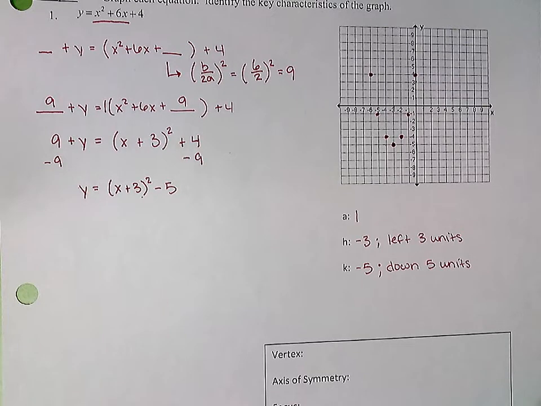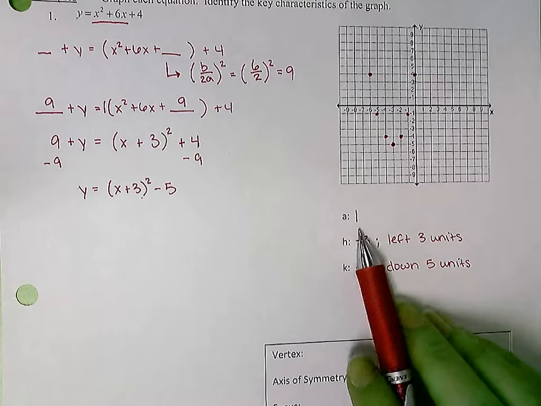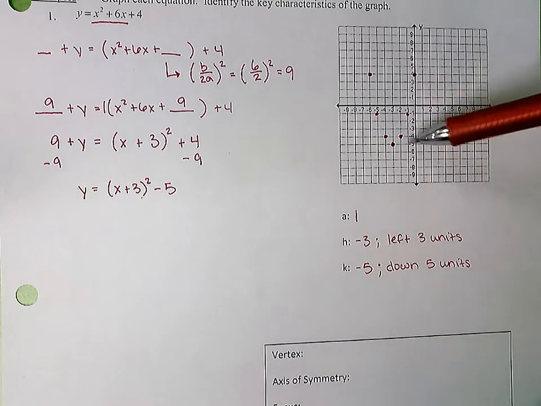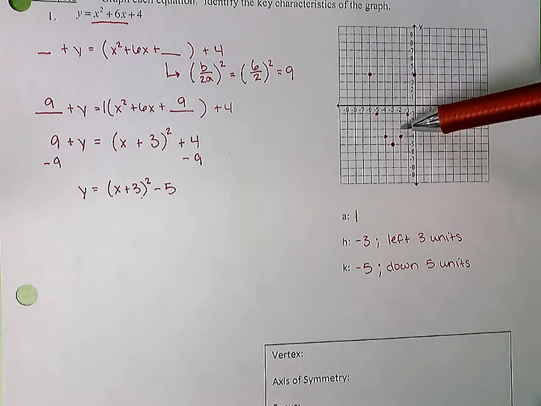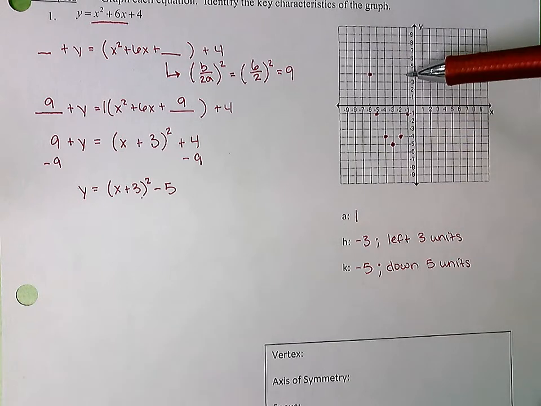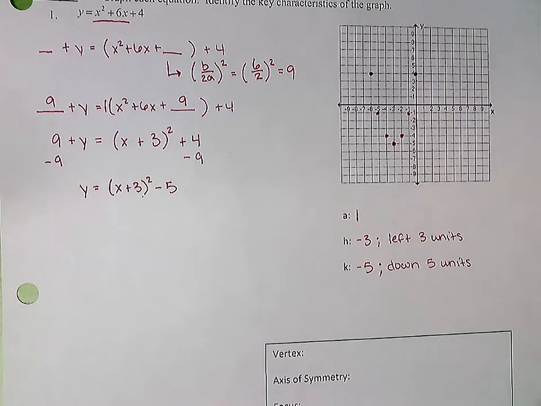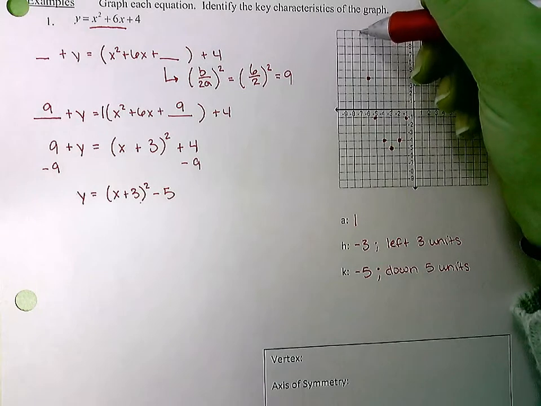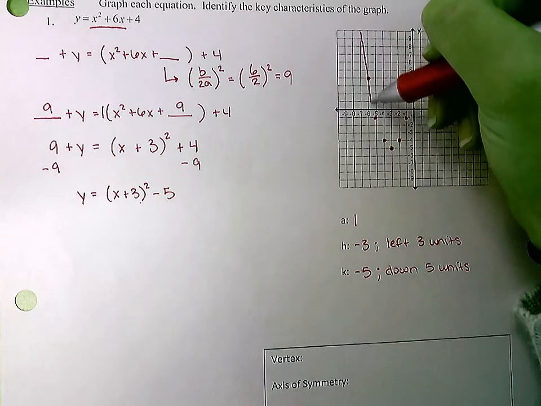It stays the same, 1, 3, 5, 7, like your parent function does, since you don't have that multiplier of a. Now, if a was 2, you would multiply each of those vertical changes by 2. So instead of going up 1, I'd go up 2. Instead of going up 3, I'd go up 6. That's what that a value does. Now I can connect each of these points and make my parabola shape.